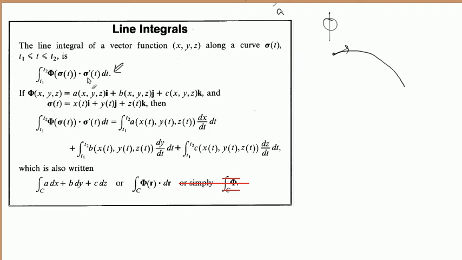So if I change the sigma to something else, this remains the same: parameterization independence. So because of that, we expand it out like this. This is the x component of the force field multiplied by the derivative of the x part of the parameterization, and so on in here. And this is independent of a parameterization.